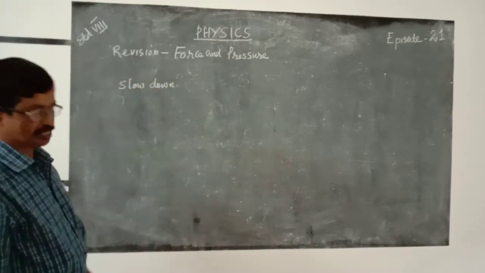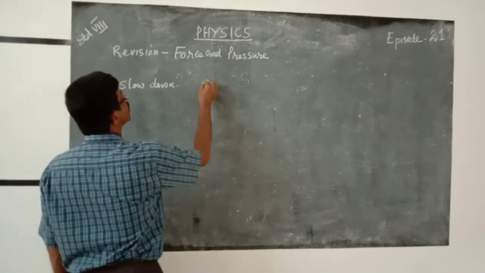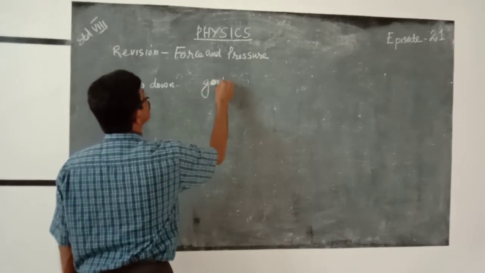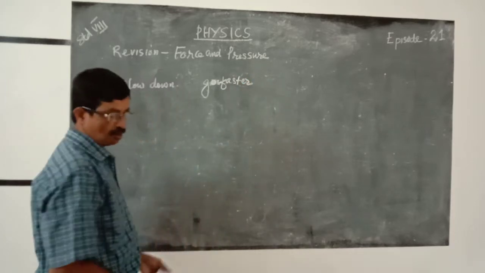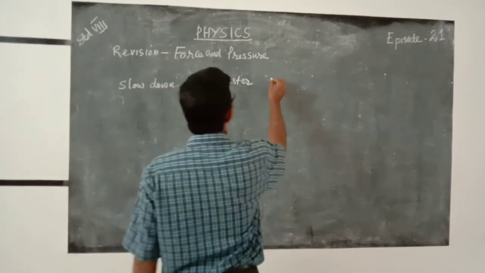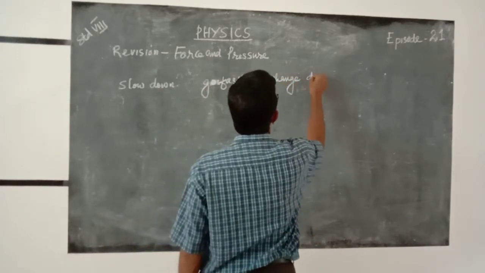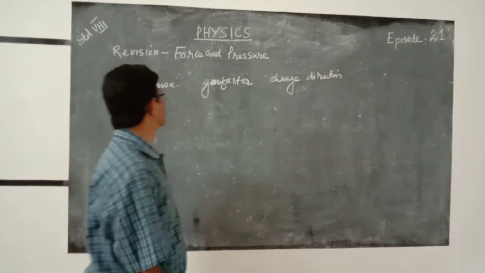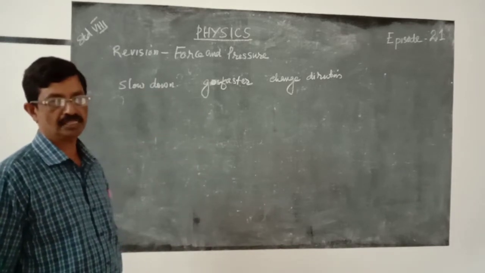What makes an object slow down or go faster, or change direction? Try to give an answer to this question.